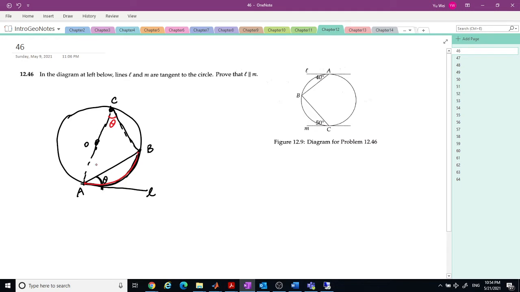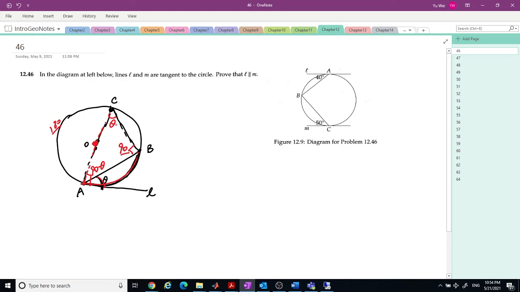Okay, so let's prove it. We know the tangent line, so from the center O to the touch point is 90 degrees. If this is theta, this will be 90 minus theta. And we extend this radius to the diameter. The diameter arc is 180 degrees, so the inscribed angle is half of that, 90 degrees.